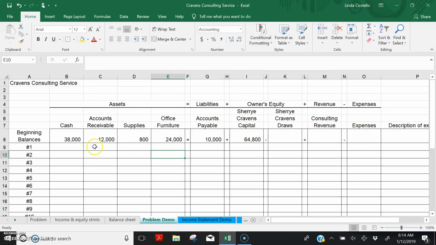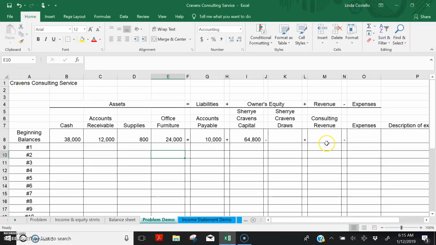There is a separate column for each of the asset accounts: cash, accounts receivable, supplies, and office furniture. There's only one liability account, accounts payable. There are separate columns for Sherry Craven's capital and Sherry Craven's draws.